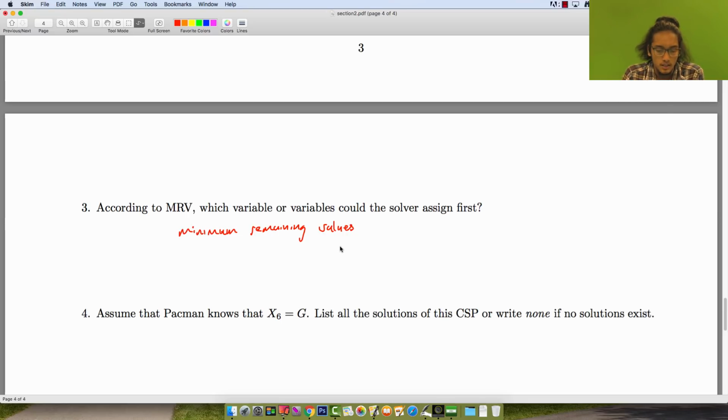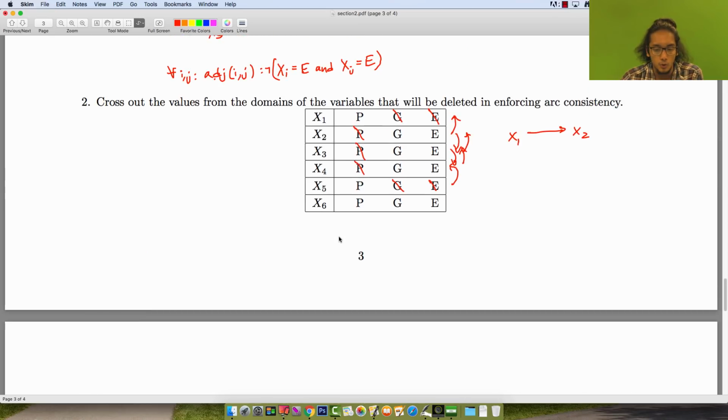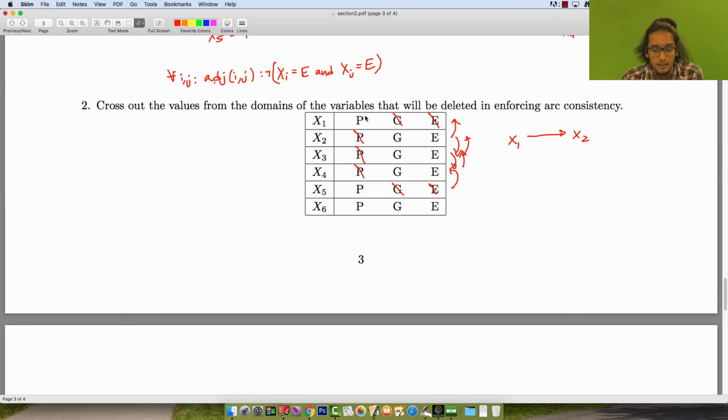Now, why would you want to do this? The idea is basically that, if you assign some value to whatever has the least values remaining, then if in the future you have to end up backtracking, right? If you backtracked back to this point, then you've already failed, right? Because there's no other values you can possibly assign to this, right?